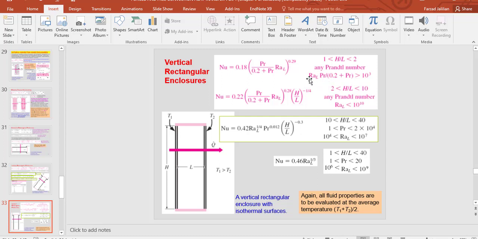And also we should check this condition. If it is satisfied, we can use this equation to find the Nusselt number for an enclosure with this orientation.